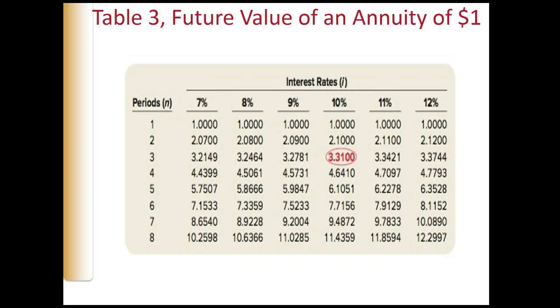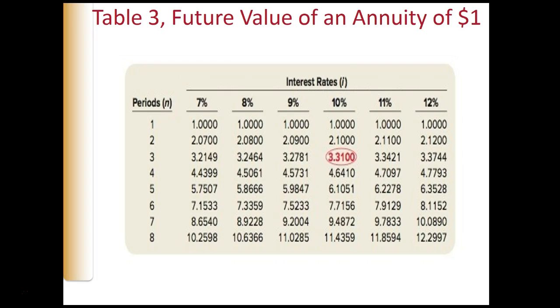Since annuities consist of multiple payments, calculating the future value of an annuity can be time-consuming, especially as the length of the annuity increases. So to make this task much more efficient, we can calculate the future value of an annuity using the time value of money tables located at the end of the book.